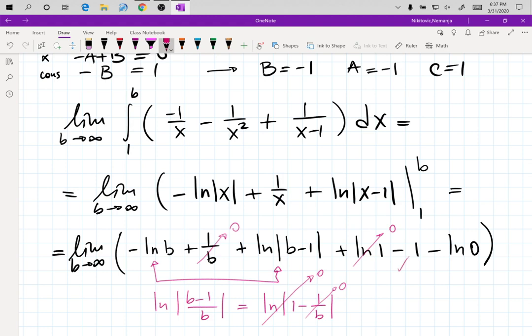And then you have minus 1, which is also cool. So we have all of these zeros, right? We have minus 1, and here is the one that spoils it for everybody: ln of 0. ln of 0 is negative infinity, and the minus in front gives you positive infinity, and the whole thing explodes.